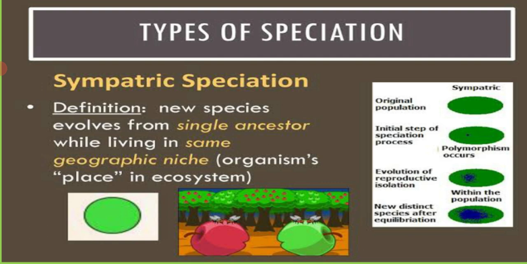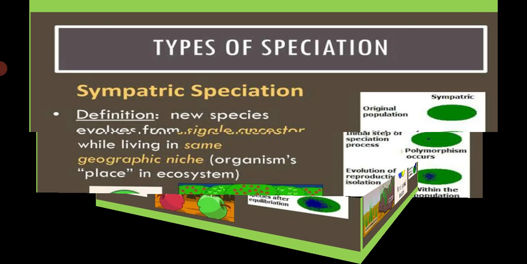Here in this park, two fruits have developed with different colors, evolved from one single species but living in one geographical niche. So this type of speciation is known as sympatric speciation.